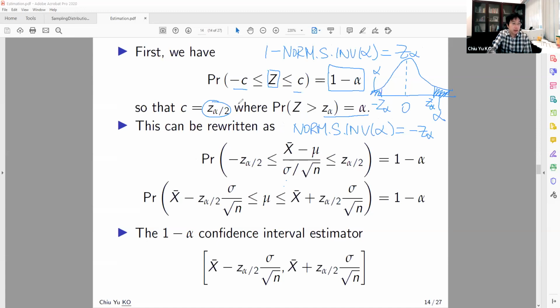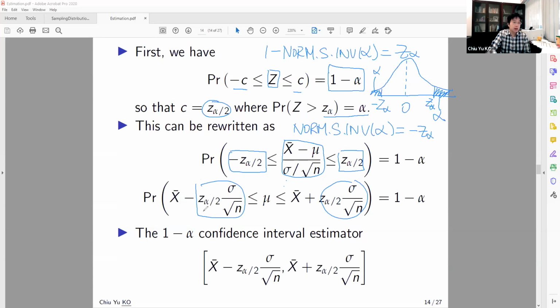If you write this and then replace Z by this, and C we now know is this, you multiply both sides by sigma over root n, and then add to both sides, moving mu to the other side.